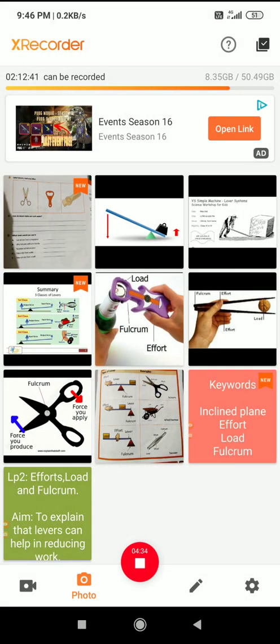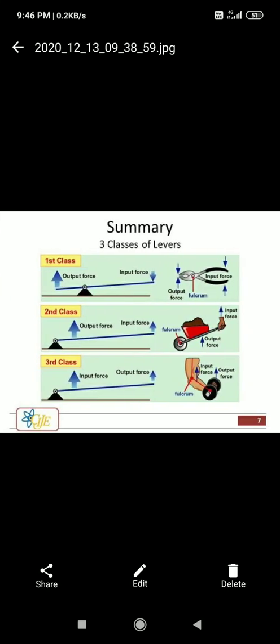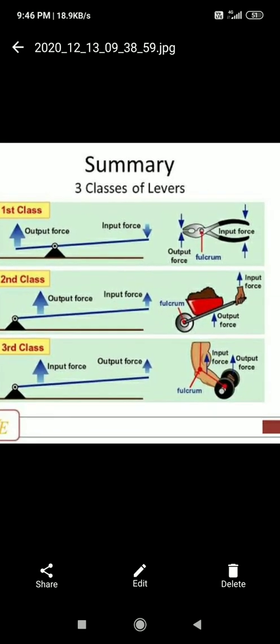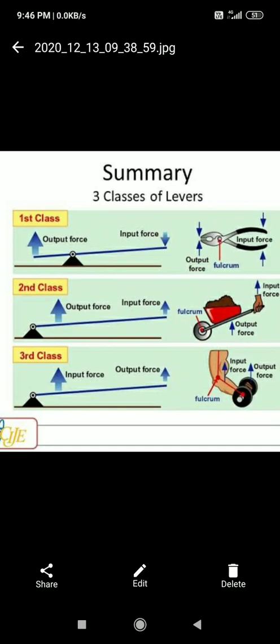So these are the three types of lever: first class lever, second class lever and third class lever. It is based on where the fulcrum is and where the output and input force, meaning load and effort, are. Based on that, three types of levers are there.